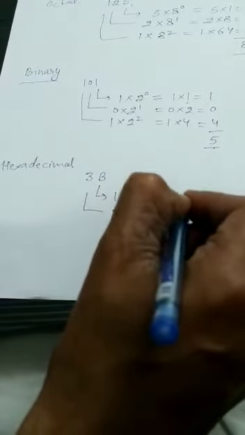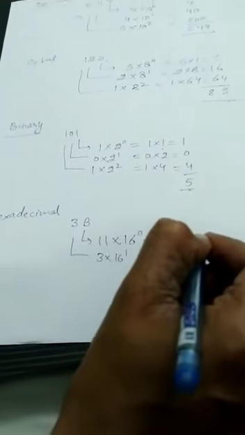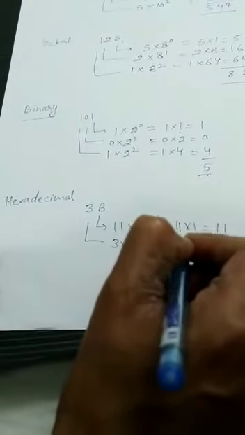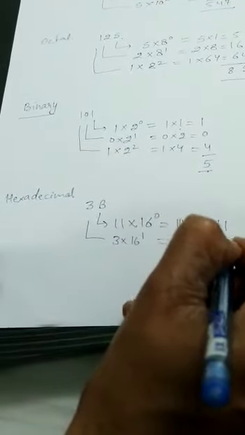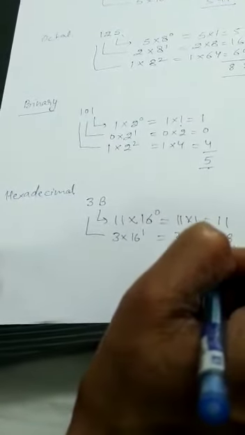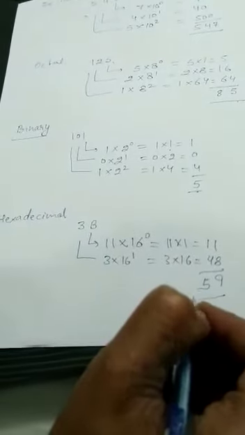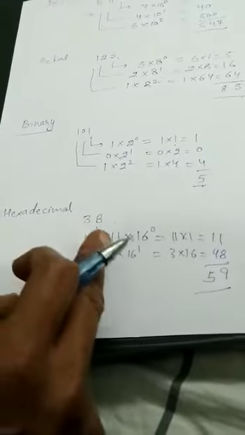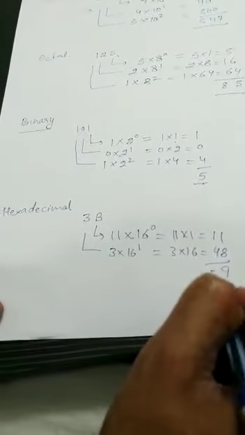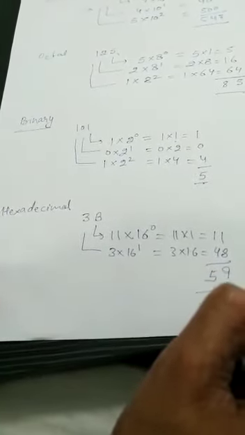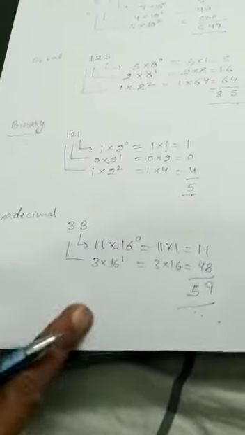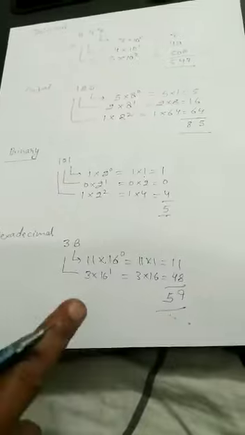So 11 into 1 is equal to 11, 3 into 16 is equal to 48, and 48 plus 11 gives 59. So you will get the value 59 for the given hexadecimal number 3B, and 59 is the value in base 10, the decimal number. So when we convert it, we get the actual value in decimal number.